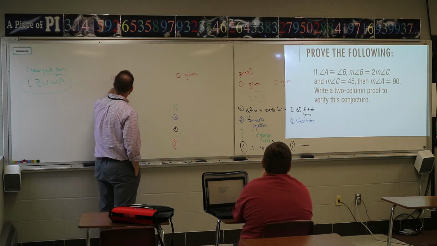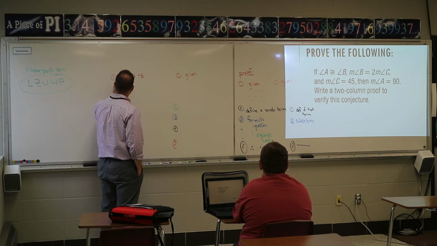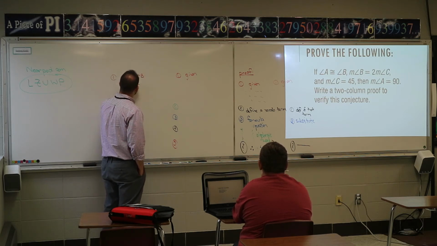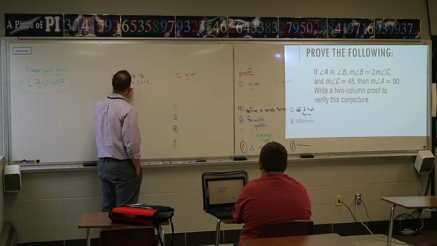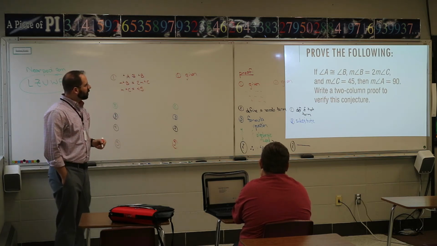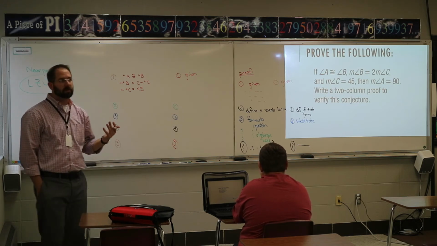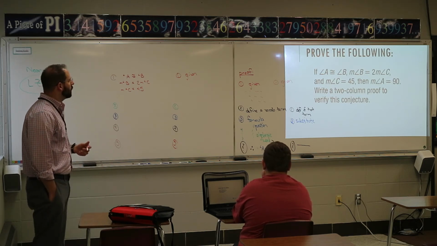Angle A is congruent to angle B. Boom. The measure of angle B equals 2 times the measure of angle C, and then the measure of angle C equals 45. All right, perfect. Those should be all our givens. We have a lot of givens there. We have even some measurements putting in there. That's pretty nice.